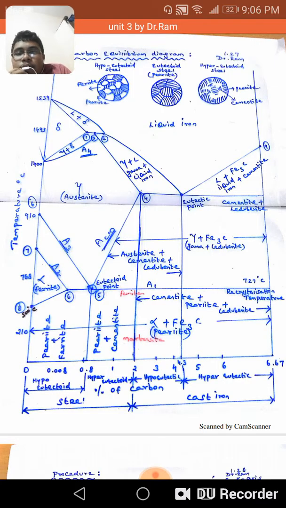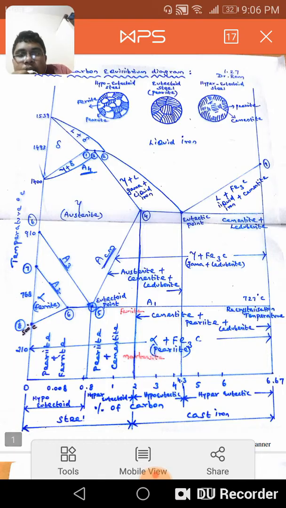From 0 to 0.8% of carbon, it is known as hypoeutectoid, and from 0.8 to 2% it is hypereutectoid. From 2 to 4.3 it is hypoeutectic, and 4.3 to 6.67 it is hypereutectic.